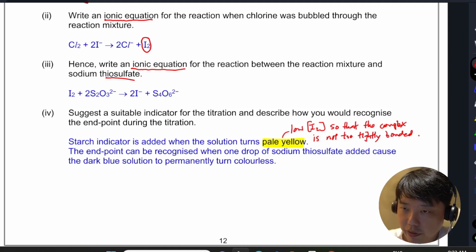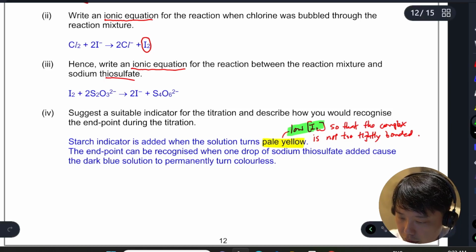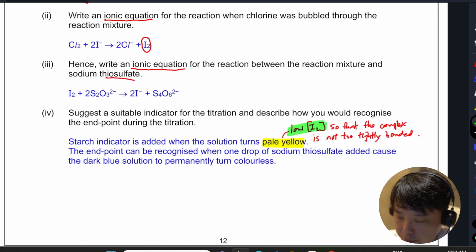Because if it's too tightly bonded, then it's very difficult for starch to release the iodine to be titrated by the thiosulfate. So we need to wait until it's low concentration, which is pale yellow.